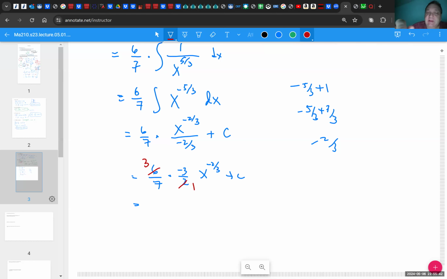It comes out the same way. But however you want to do this, it ends up with negative 9/7 x to the negative 2/3 plus our integration constant. And that is the antiderivative of this example here.